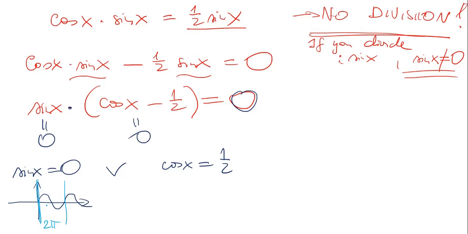As you can see, we have some points here, but remember that sine x and cosine x are periodic functions. We have a period of 2 pi, so we only need to look at this particular period, between 0 and 2 pi, and then we add this period to our points.